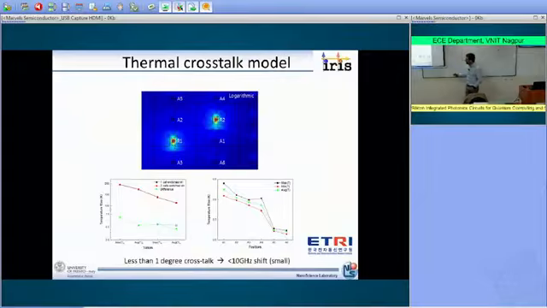For example, this is the temperature increase of all the nearby microring resonators when we are operating this microring resonator, as well as when we are operating this other one. The temperature rise depends on the specific neighboring microring that you are controlling, but is always less than 1 degree Kelvin. And so the shift is negligible. In this way, we have optimized the function of the node, as well as the spacing of the different nodes on the circuit.